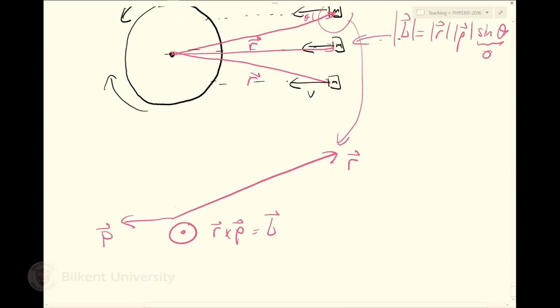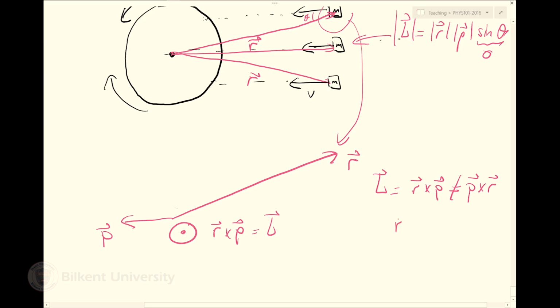Yes, that's very important. Now, L is R cross P, which is not equal to P cross R. So that was one thing that was important about cross product. Ordinary multiplication is commutative. 5 times 3 is equal to 3 times 5. But vector multiplication actually depends on the order.